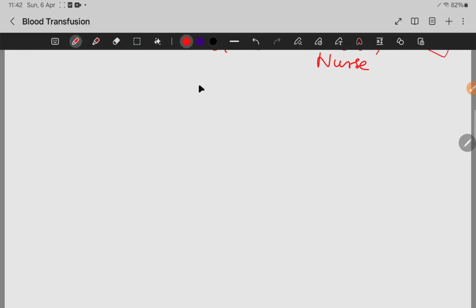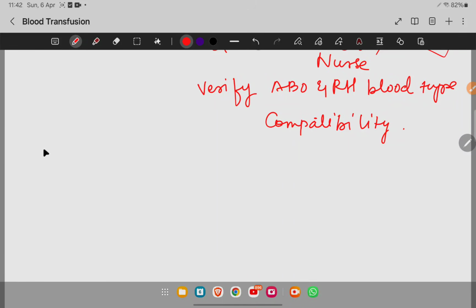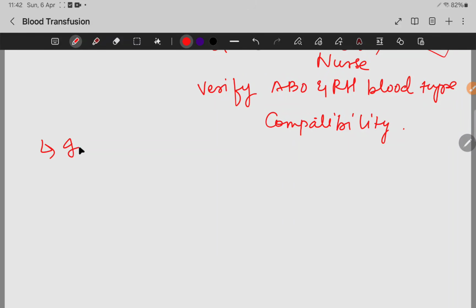The second one has to verify the patient's ABO and Rh blood type and compatibility. Blood is infused at room temperature but stored at 4 degrees Celsius.